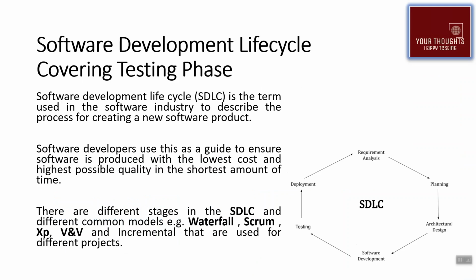So the SDLC, as I have already told you, is a very interesting, crucial and critical thing in the development of IT and all service projects. All projects go through all these phases, and then one product takes shape at the end.